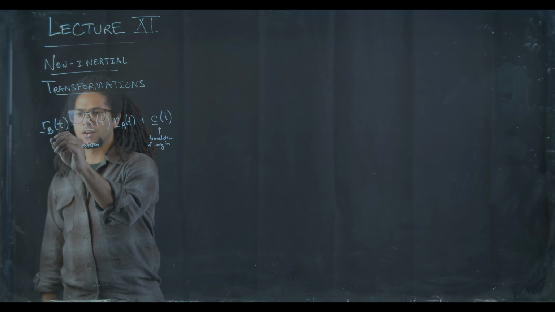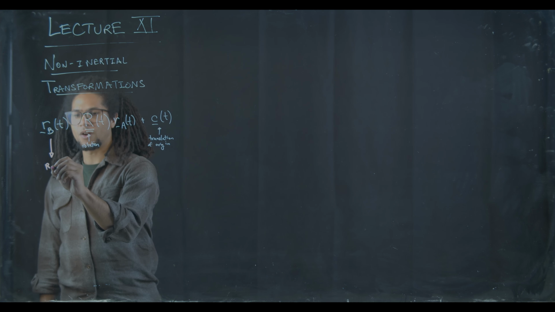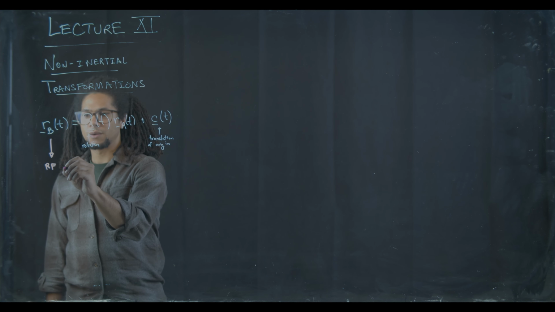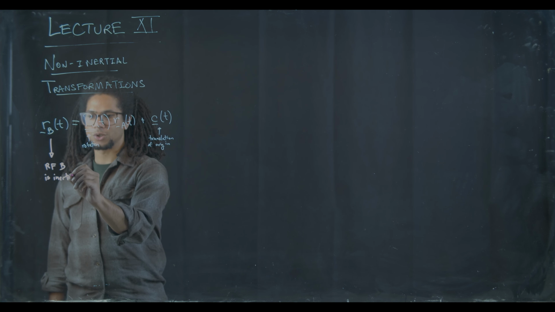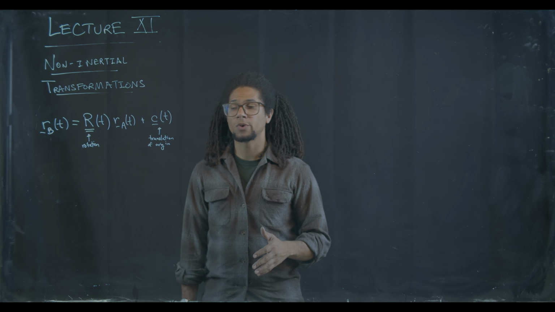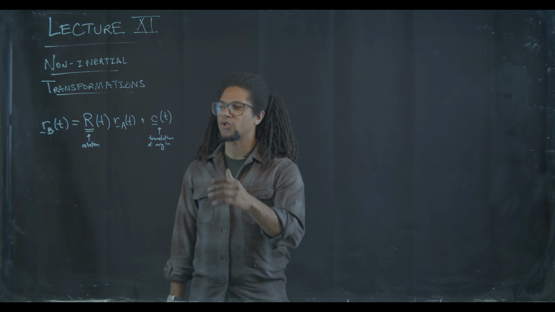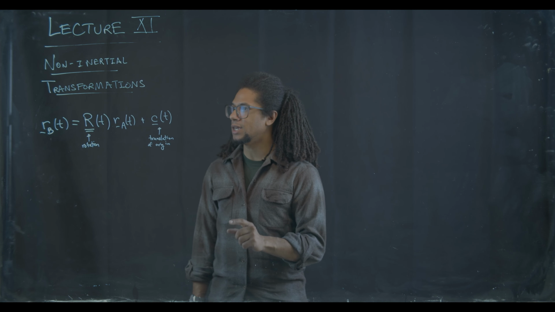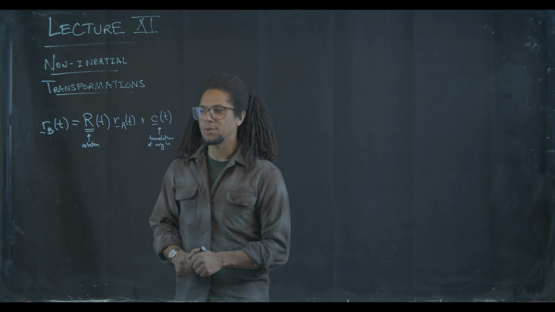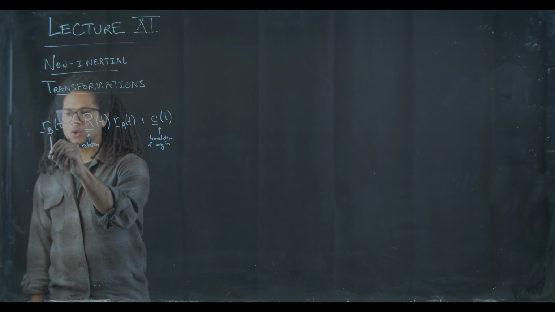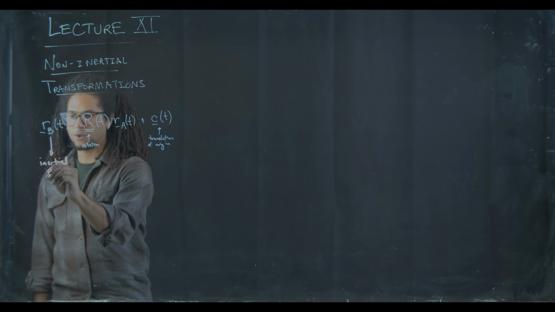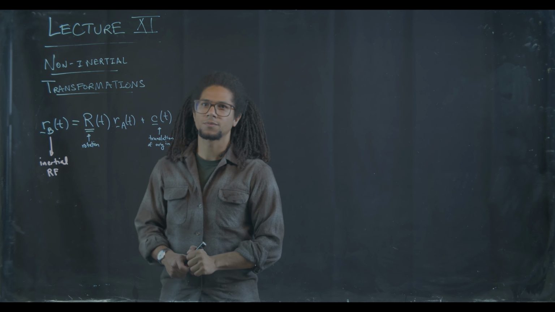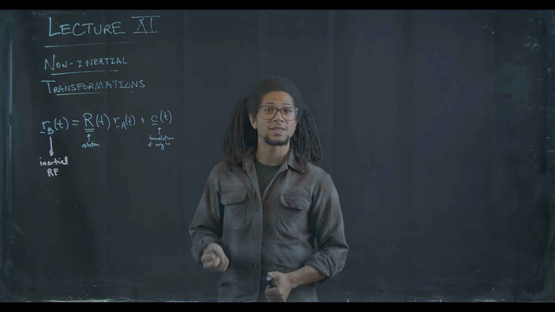So I'll say reference frame B is inertial. Now, the typical situation is that we're going to assume either reference frame A or reference frame B is inertial. In this case, I'm going to assume that it's reference frame B. So I'll assume that this is an inertial reference frame.